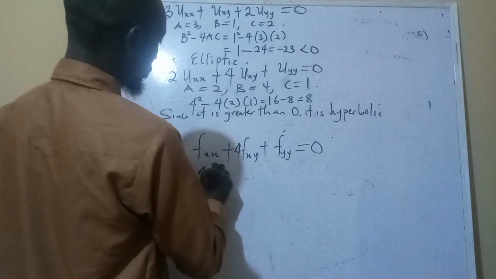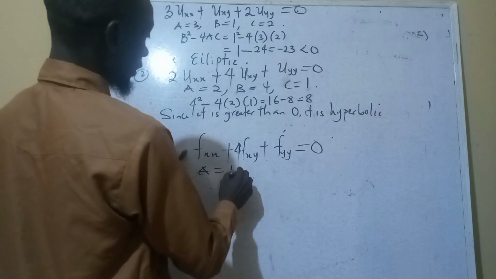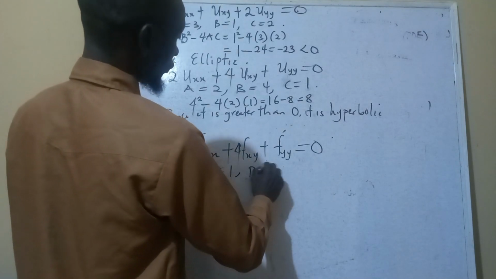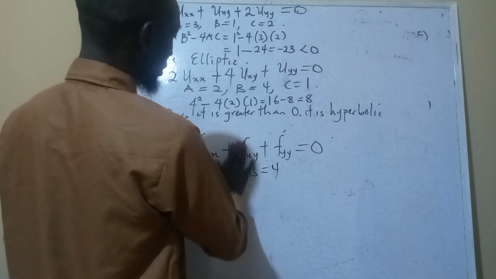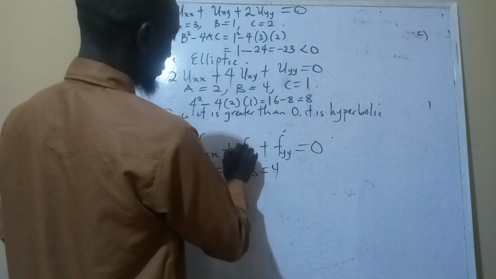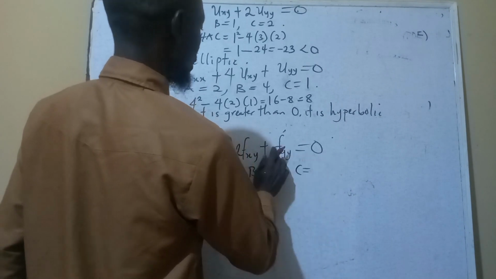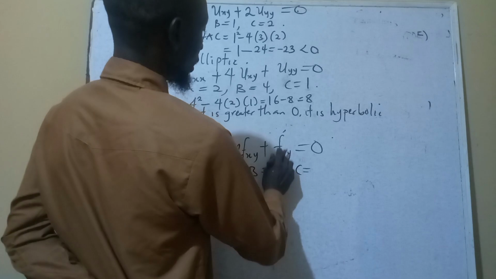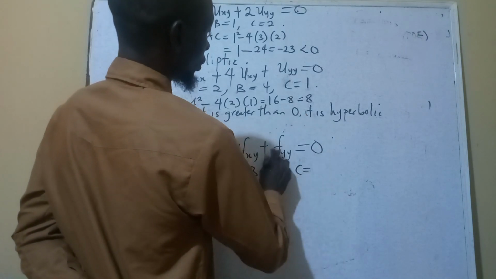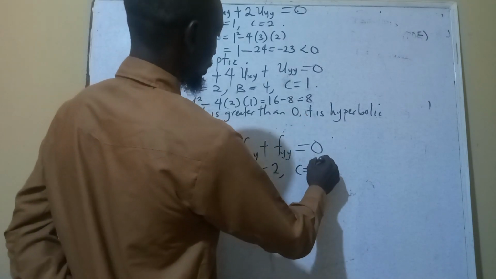My a here is 1, for f_xx. This one was 4, let me make this one to be 2. So this one is 2. And for my c here, since we have y, that means the second derivative over y squared. This one is 1.